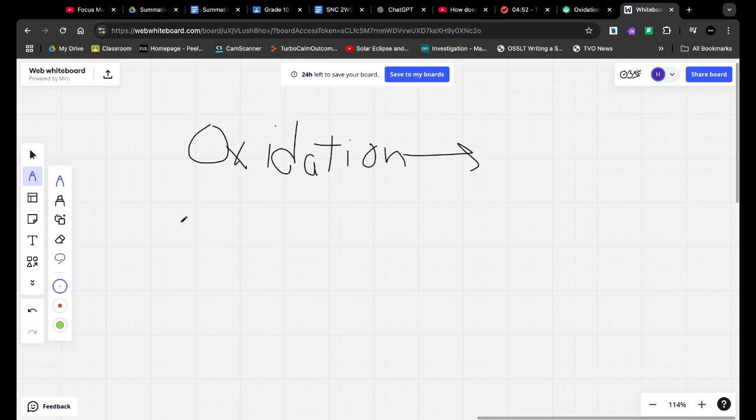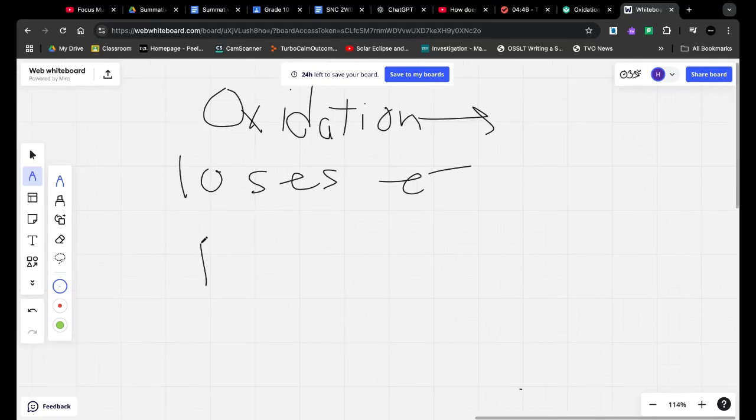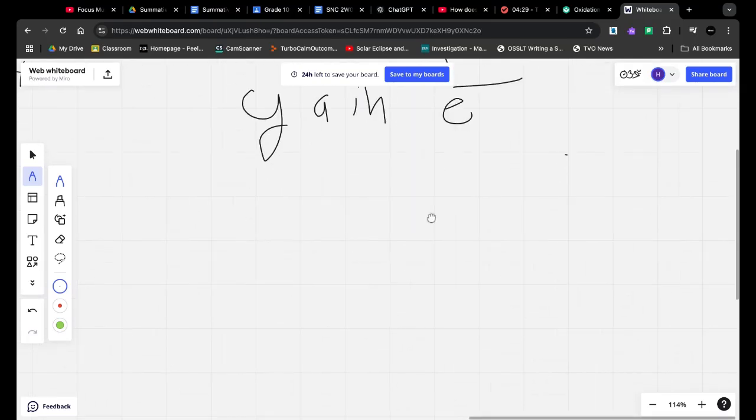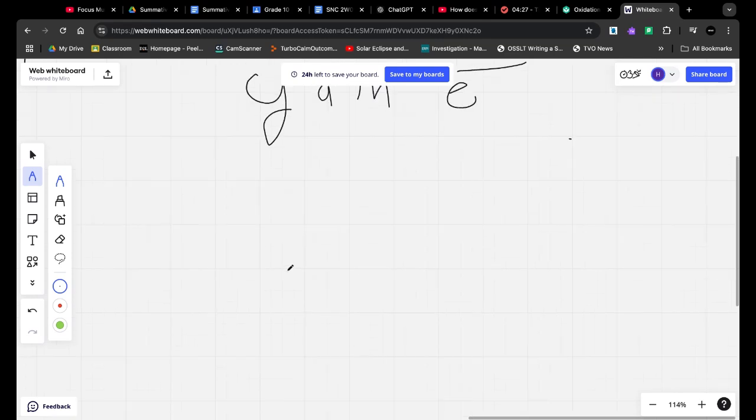So oxidation is just the losing of electrons. Reduction, if you haven't guessed it already, is the exact opposite of that. So reduction is when you gain electrons. All right. So oxidation, you lose electrons. Reduction, you gain electrons.